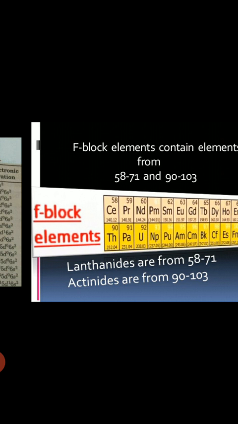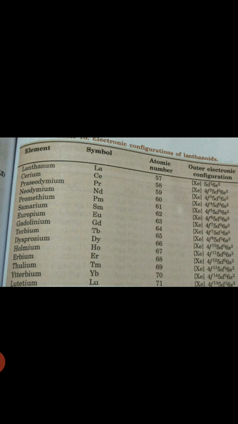Now students, we are going to discuss the general characteristics, and here we are starting with the electronic configuration of the lanthanoids. The lanthanoids have the electronic configuration with 6s2. If you see the configuration, you will find that from lanthanum to lutetium you get completely filled 6s2 and gradual filling of 4f orbitals, right?